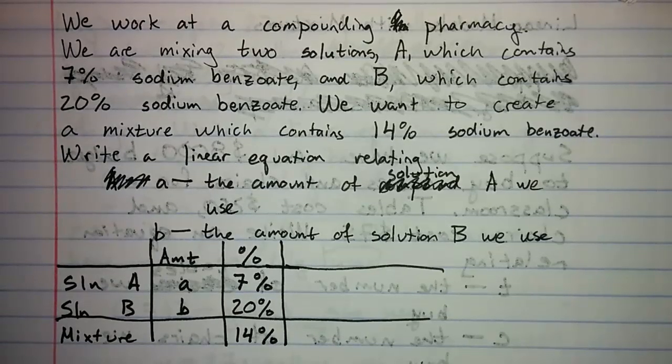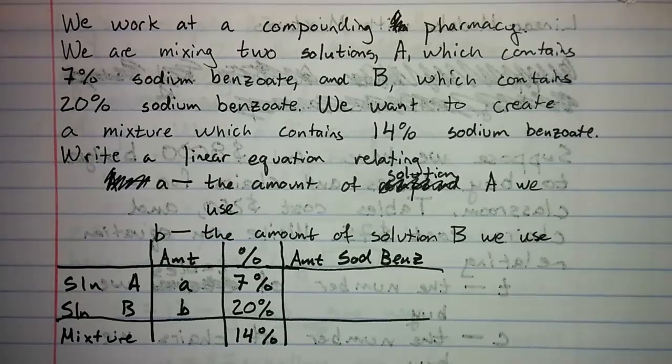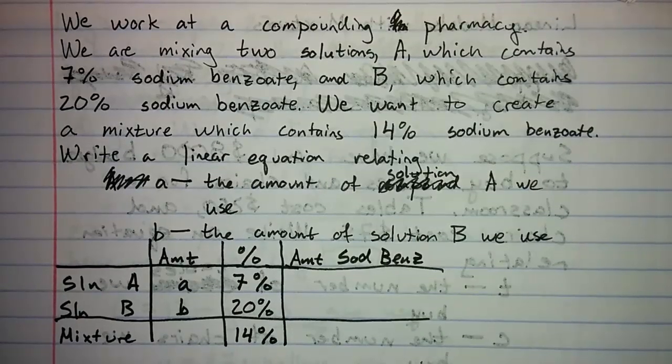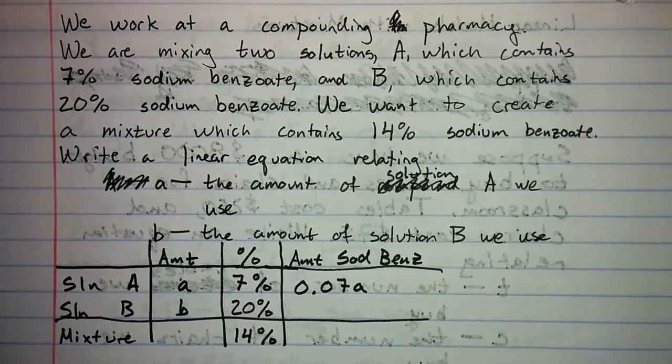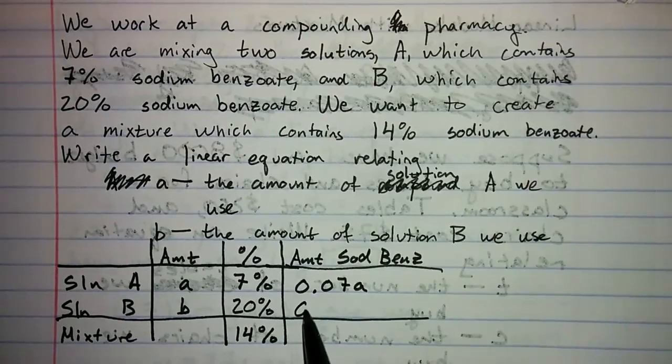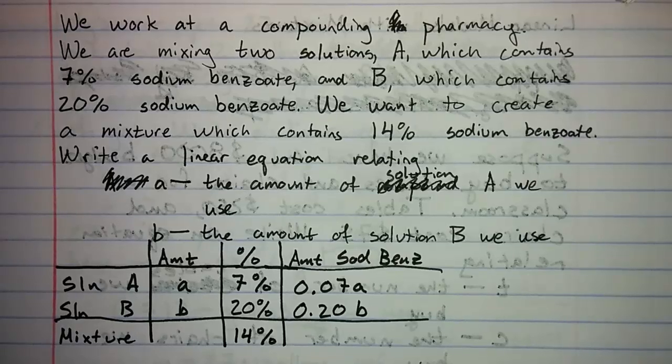If I mix 100% juice with 100% juice, I don't get something that's 200% juice. What it does make sense to do, though, just like we did before, is put together the amounts of sodium benzoate. This will be 7% of A. This will be 20% of B. This will be 14% of what? Well, it'll be 14% of the full mixture, right?